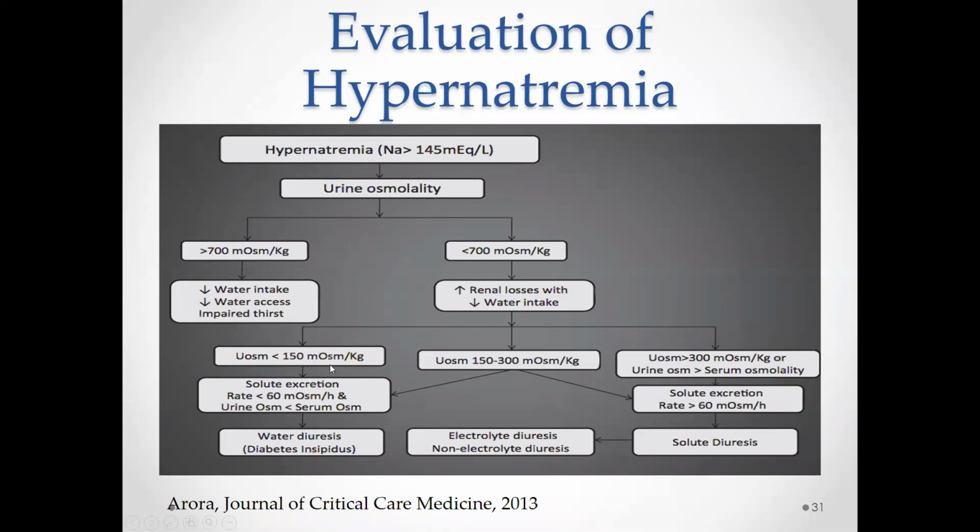If the urine osmolality is really low and you have a low solute or low urine sodium, then it's likely from water diuresis, aka diabetes insipidus. And on the opposite end, if it's less than 700 but somewhere between 300 and 700, with high solute content, then it's likely from osmotic diuresis.